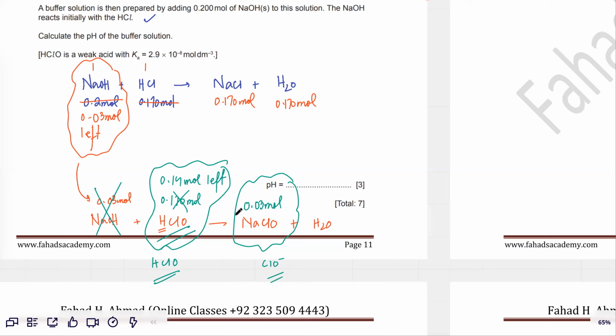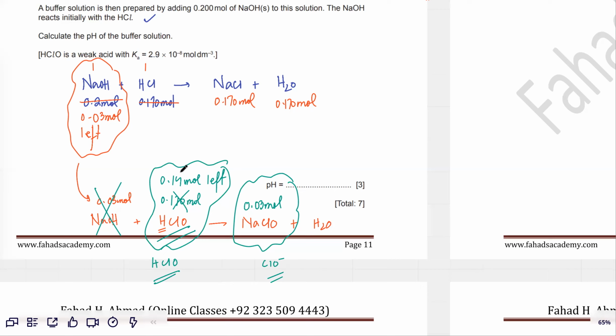So the flask would contain the salt that is produced, 0.03 moles of NaClO, from the 0.03 moles of NaOH left from the previous reaction reacting with HClO. Out of the 0.17, not all of it would be able to react, because 0.03 would only react with 0.03.